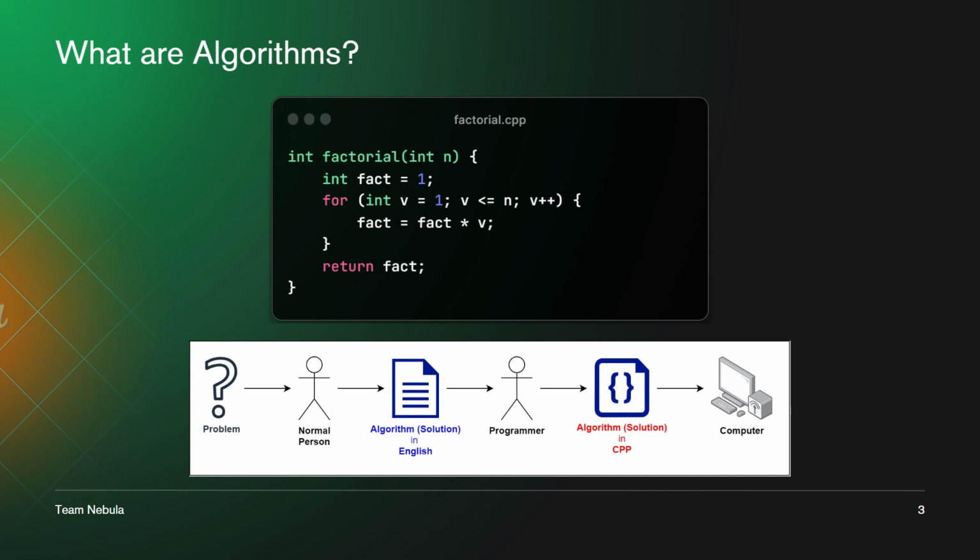In each iteration, the value of fact is updated by multiplying it with the current value of v. Finally, the function returns the computed factorial stored in the variable fact. This function can be called with a positive integer as an argument to obtain the factorial of that number.